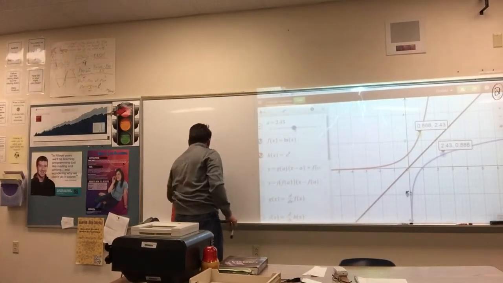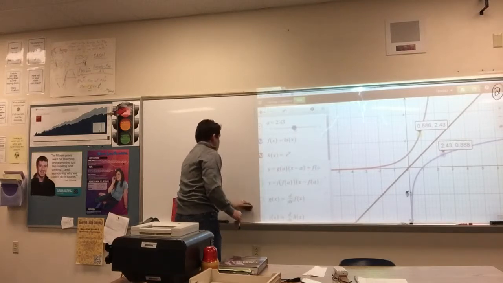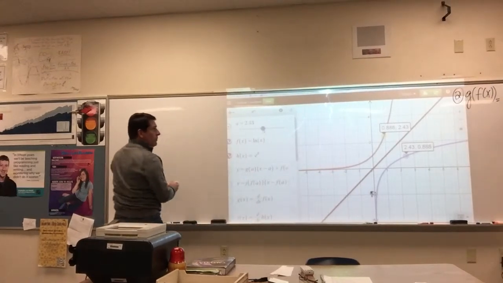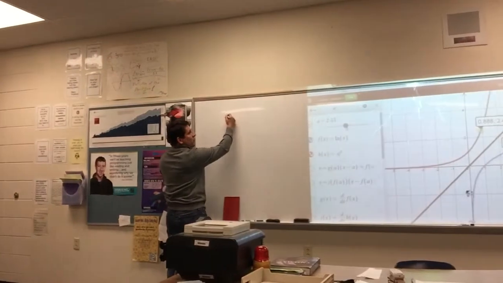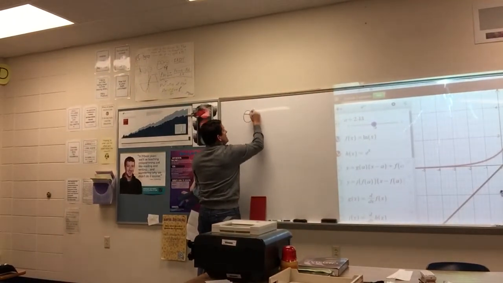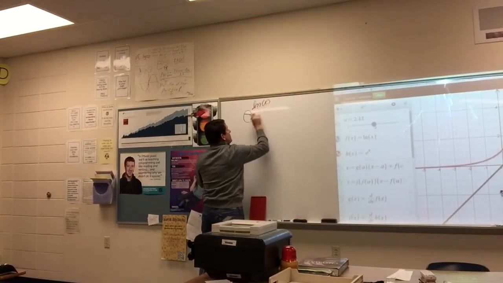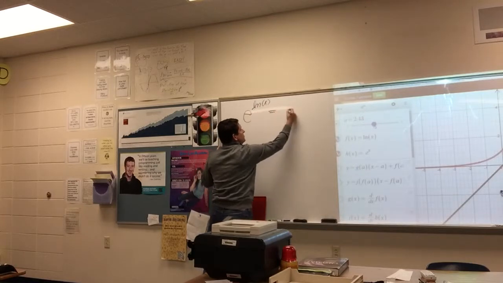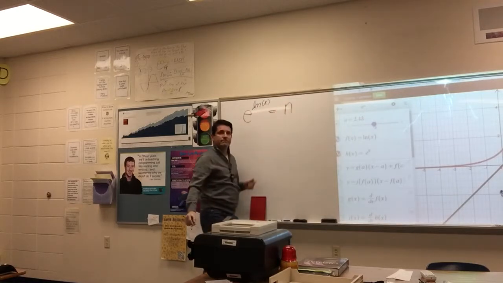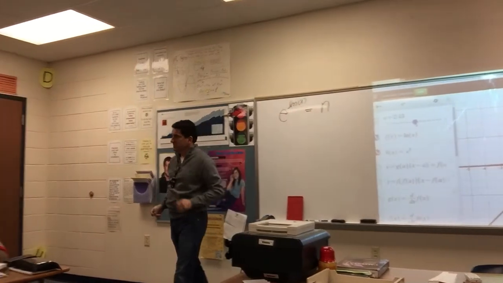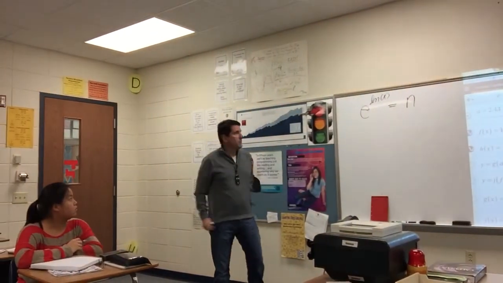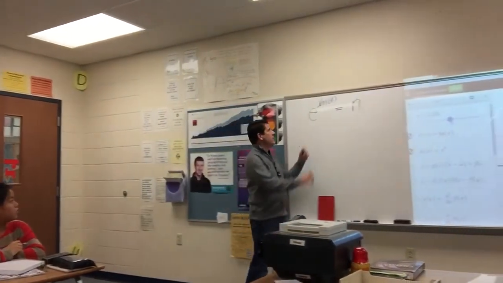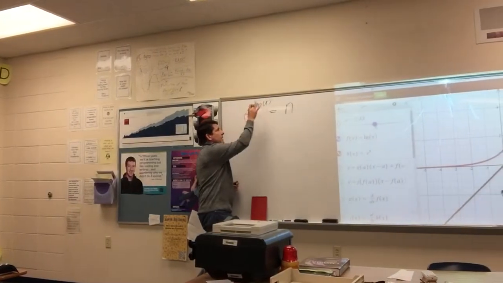Well, let me show you how we can do this. Let's suppose we don't know what the answer is. We just know that e to the natural log of x is equal to some number. I don't know what it is. Okay? I'm going to do a proof of what e to the natural log of x is.